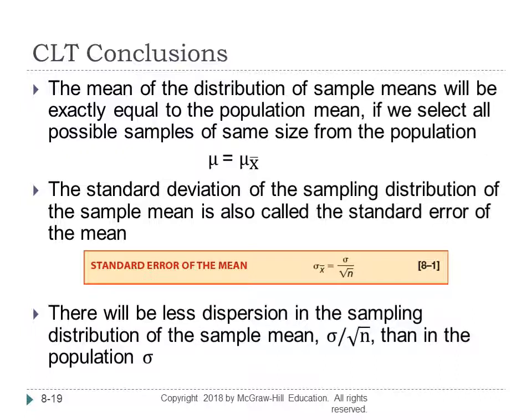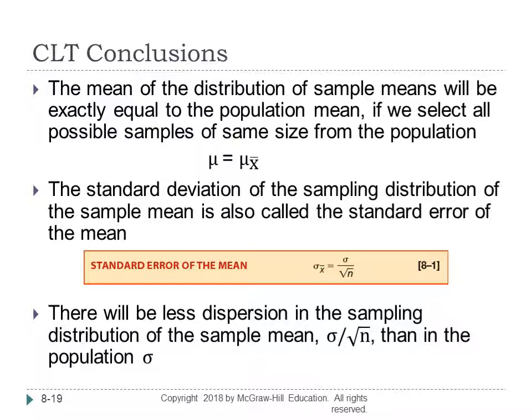We will see that the mean for the population equals the mean of the sampling distribution. What about the standard deviation? The standard deviation of the sampling distribution of the sample mean is called the standard error of the mean, and it can be calculated using this formula.